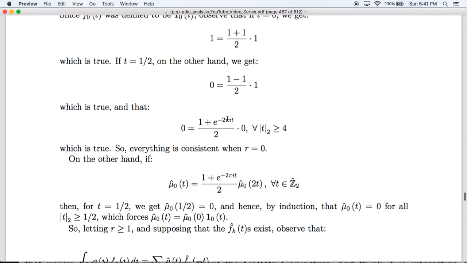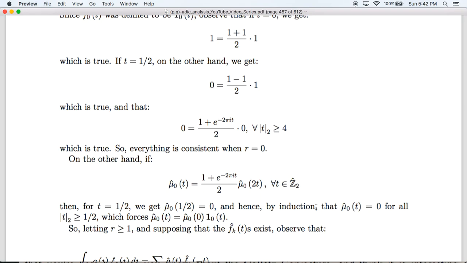On the other hand, if we have any measure d mu 0 whose Fourier-Stieltjes transform mu hat 0 satisfies this formula, when t equals 0, everything works. When t equals 1/2, we get that this side is 0, and so that forces mu hat 0 of 1/2 to be 0.